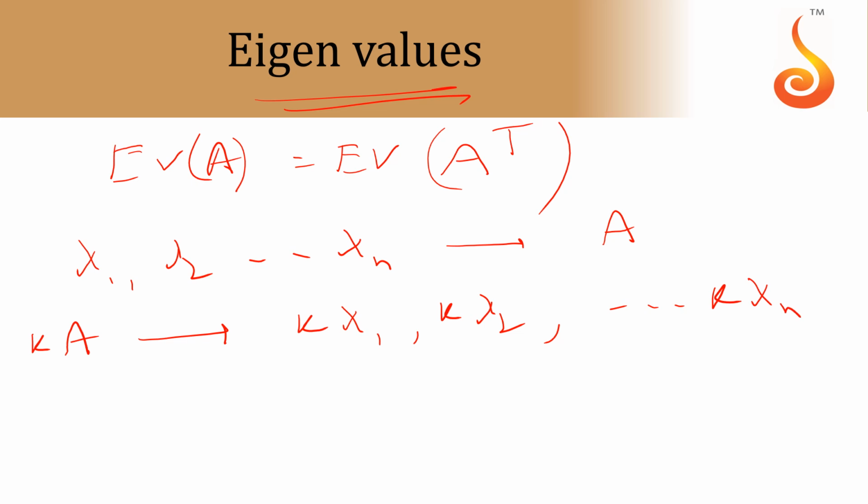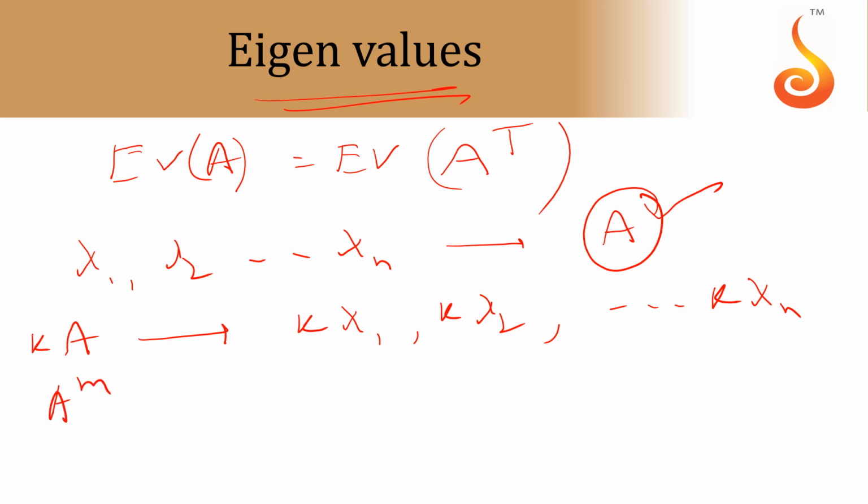I am repeating: suppose there is a matrix A for which you have developed the characteristic equation in lambda. That lambda will get some values, they are called eigenvalues. Let them be lambda 1, lambda 2, and so on up to lambda n. Suppose you take a new matrix kA, for which I want eigenvalues. Simply take the eigenvalues of A and multiply by k.